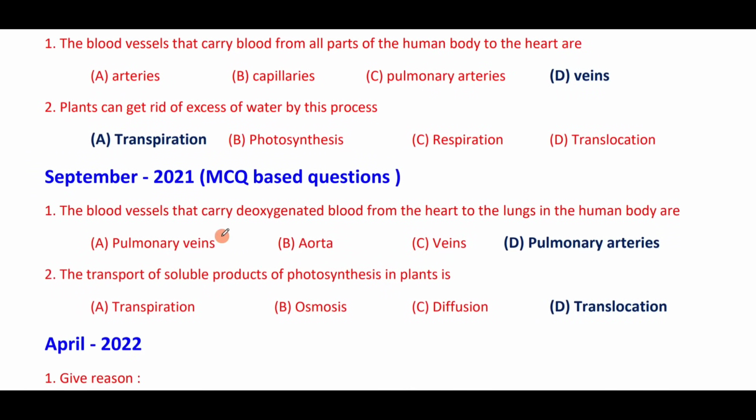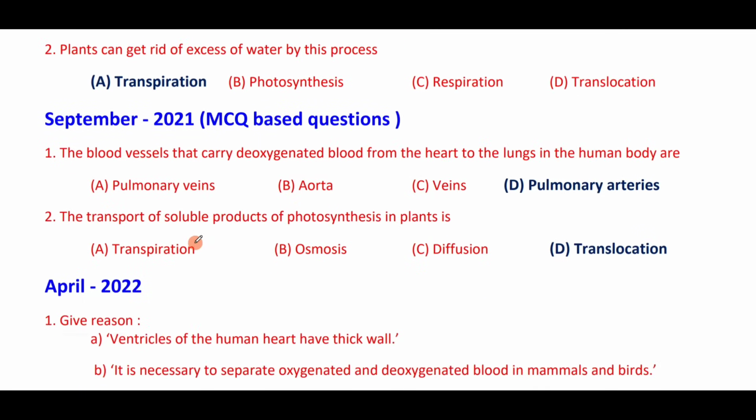The blood vessels that carry deoxygenated blood from the heart to the lungs in the human body are pulmonary arteries. The transport of soluble products of photosynthesis in plants is called translocation. It is the process of transportation of food materials by phloem.